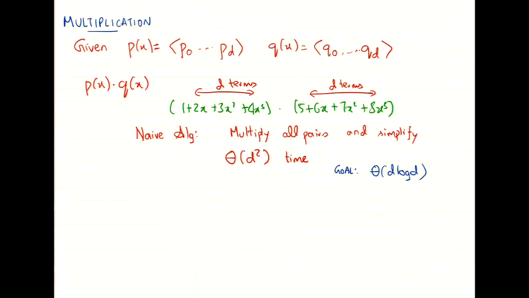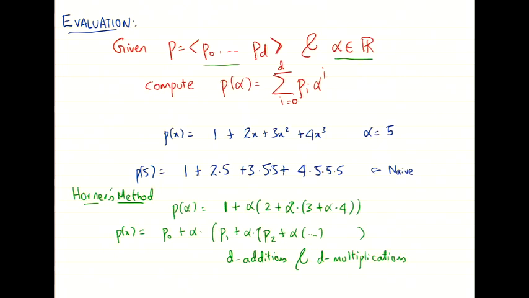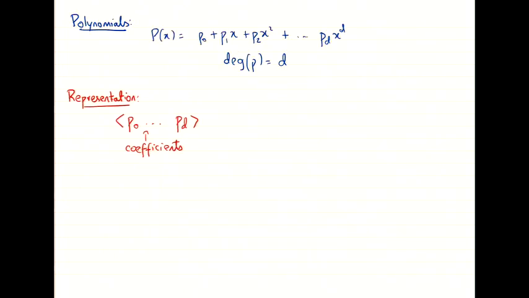So let's step back and think about how to have a really fast algorithm for multiplication. And in order to do that, we need to step back and think about how we represent polynomials. So we sort of decided on this representation of polynomials, which is coefficients. But there's an entirely different way to represent polynomials, which has its advantages.